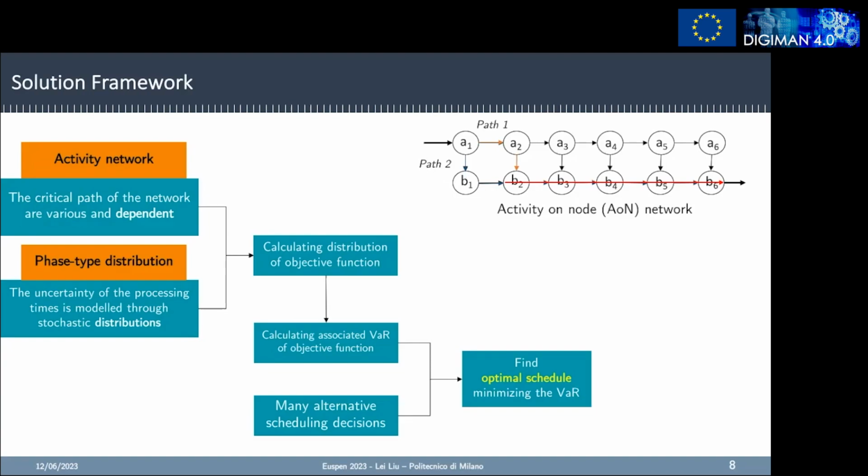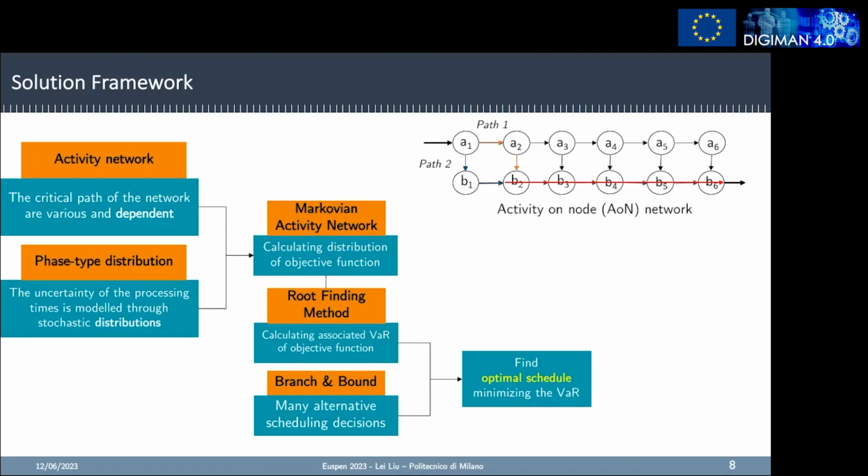Based on these two, we can calculate the distribution of the objective function with an innovative Markov activity network, and then calculate the VaR value with the root finding method. This is the evaluation of a single schedule. We developed a branch and bound algorithm to find the optimal schedule, minimizing the VaR value. This is the solution framework of this project.